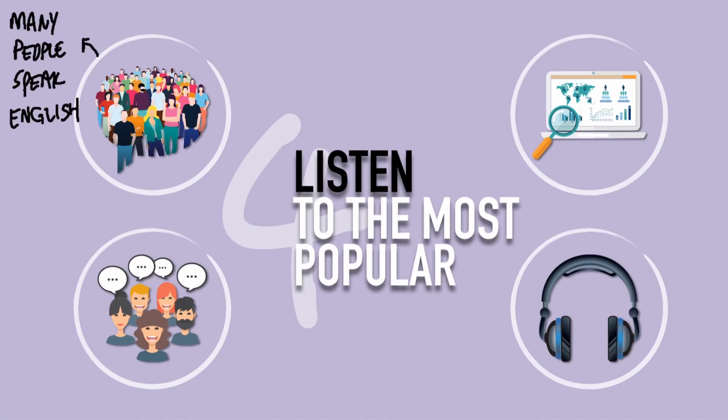Now, these people who speak English listen to many different programs. So, there are many TV shows, there are many radio shows or radio programs that these individuals listen to.